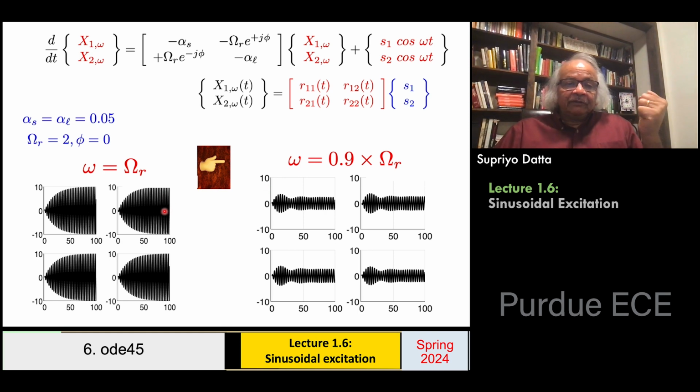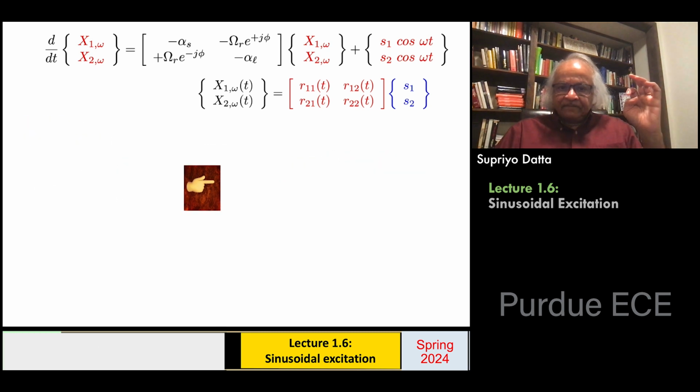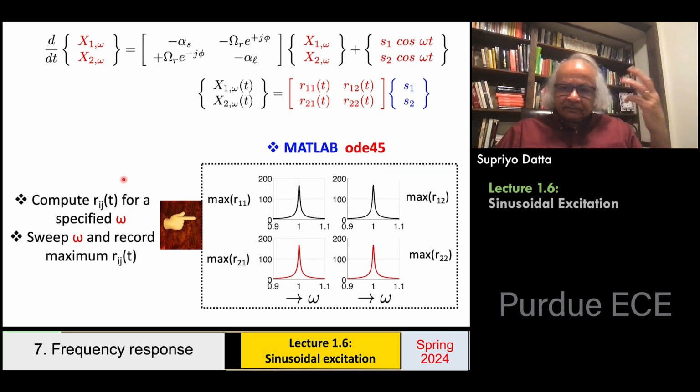Now, one thing we're interested in then is, what is the steady state amplitude as a function of this source frequency? So if I sweep this small omega, what will I see? What we could do is, again, use the numerical code and use a particular source frequency omega, look at this Rij, and then record its maximum value.